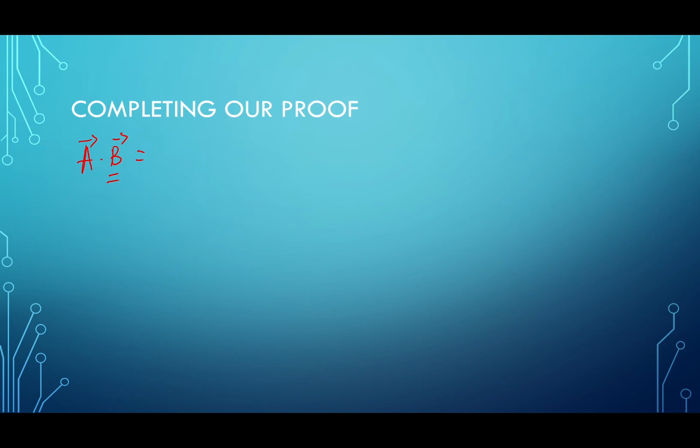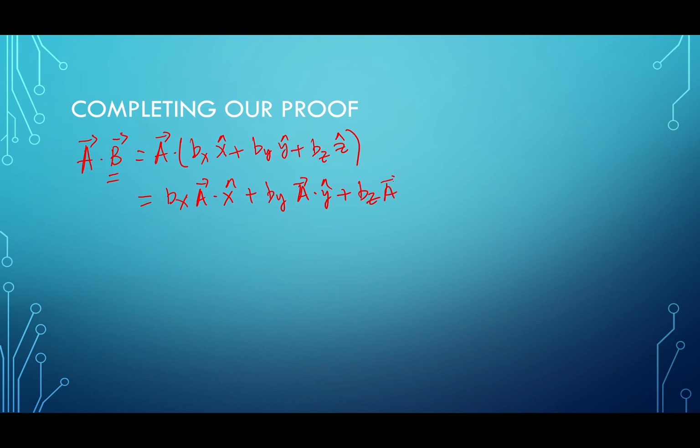So we basically get a dot, maybe not using sigma because we're just dealing with three things, bx x plus by y plus bz z, and then we use the distributive property of the dot product for geometry. So we got bx a dot x plus by a dot y plus bz a dot z.